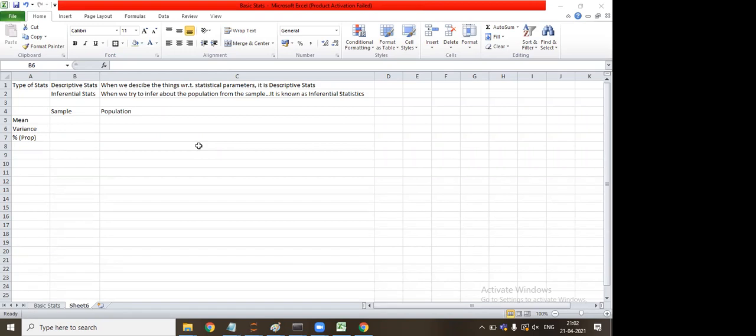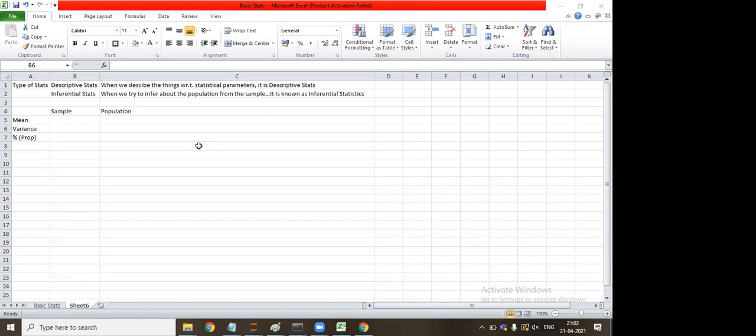Whenever you're getting it from business, for example, there are 50 people working in your company. The manager says to pick only 5 and check their quality, then you are picking a sample. If the manager says check the quality for all 50, then it's a population you're working on. Whenever you work on any project, you will know whether you're working on a sample or a population.